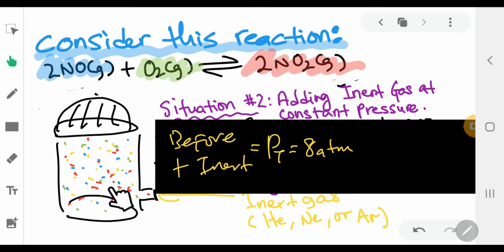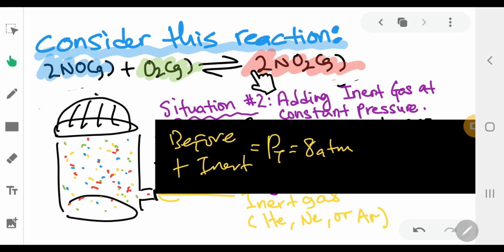So when you increase the volume of the vessel, automatically the partial pressure of your NO, O2, and NO2 will be affected. They will change because now the vessel that they are in is changing. Remember, for an ideal gas, the pressure depends on the volume of the vessel. So when the volume of the vessel changes, the partial pressure of all of these will change.